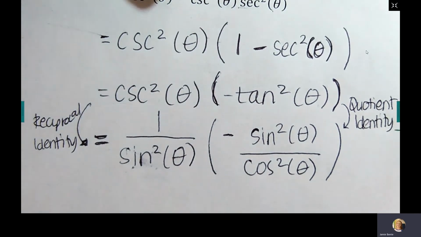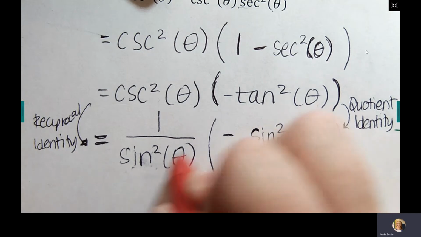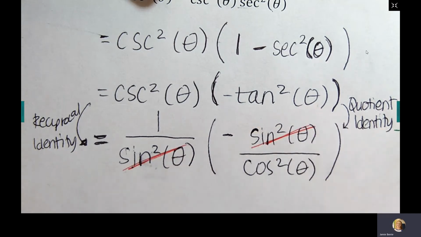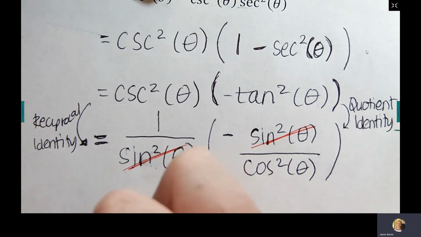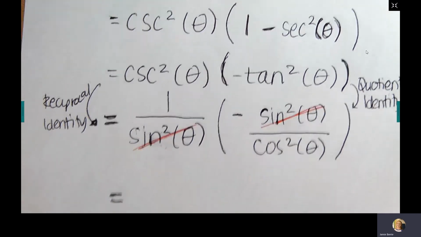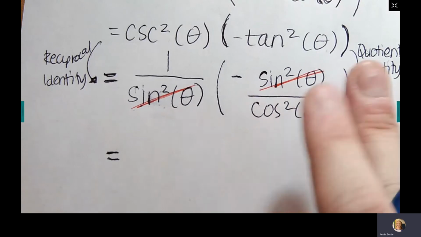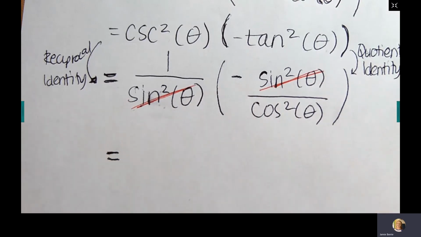Now you'll go ahead and cancel those signs. Sign on the top, sign on the bottom. So sine squared cancels with sine squared. Okay. So important to keep your work neat here, especially if you want to go back and look at your notes later. Because if you don't have neat work, if you don't write yourself notes, it's going to get easy to get lost in what you did.